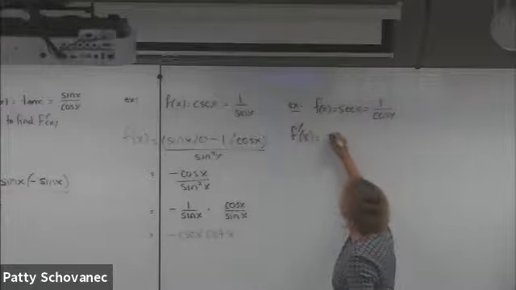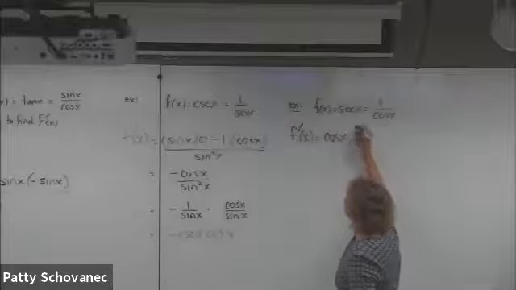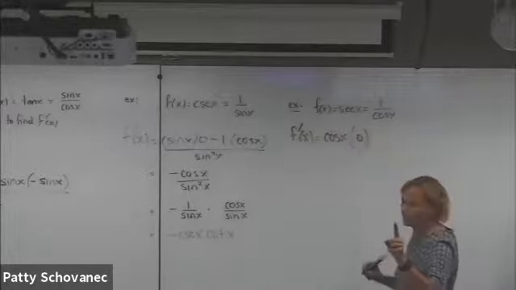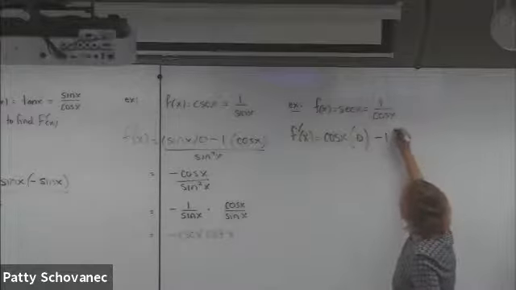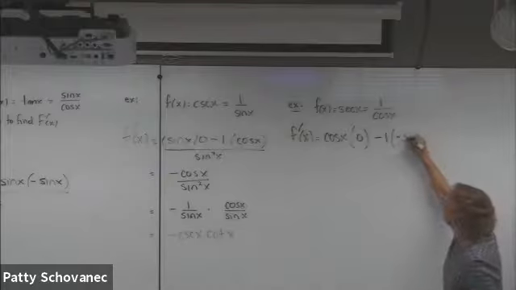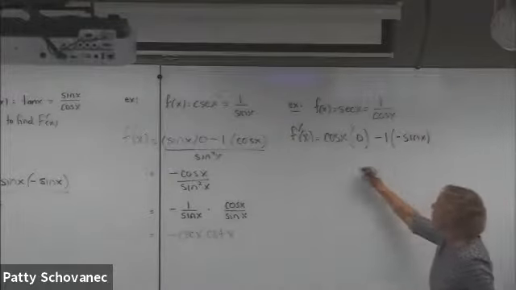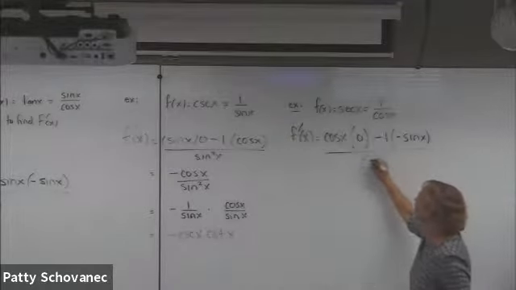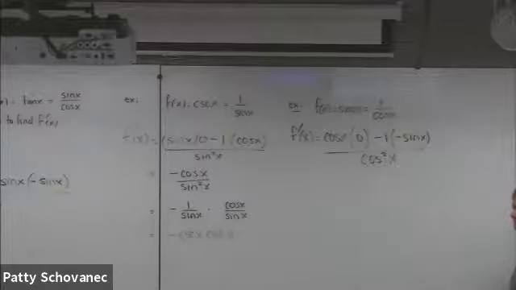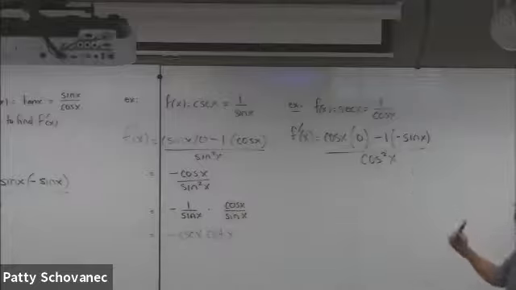So quotient rule, bottom times the derivative of the top. Top is a constant, so its derivative is 0. Minus the top times the derivative of the bottom. Negative sign all over the bottom squared. That first bit multiplies to 0.